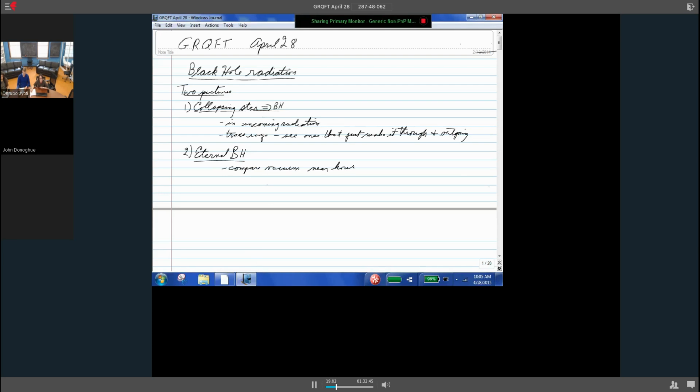And then there's another set of calculations which are what you'd call eternal black holes. And here the focus is basically you compare the vacuum near the horizon to infinity.